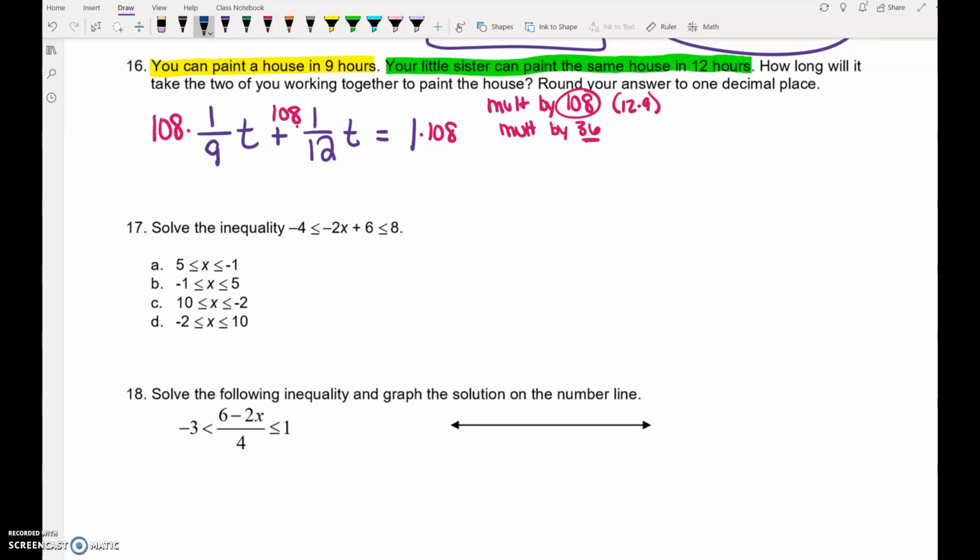That gives me 108 times 1/9 is the same as 108 divided by 9. That gives me 12t. 108 divided by 12 is 9, so 9t equals 108.